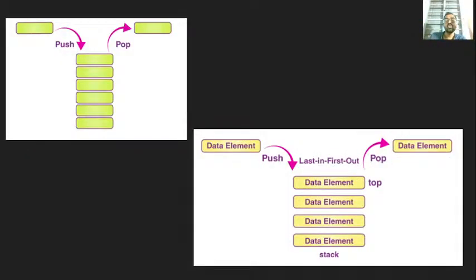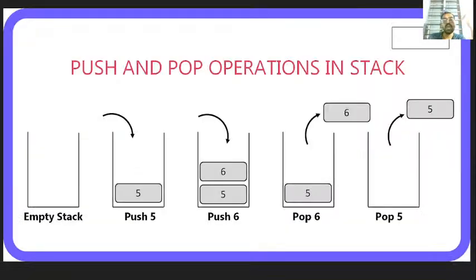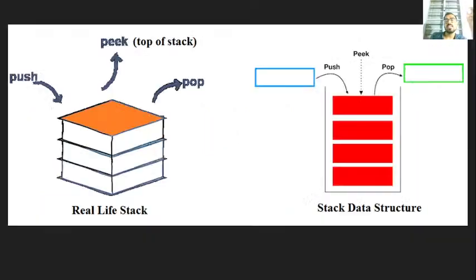What are the two major fundamental operations behind the stack data structure? One is push and another is pop. Last but not least, another important operation, peek. Peek is to read the value at the top of the stack without removing, without popping the top of the stack.